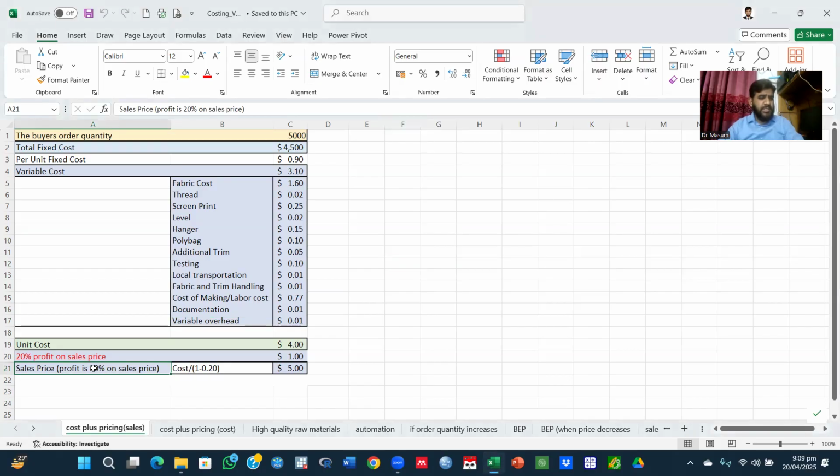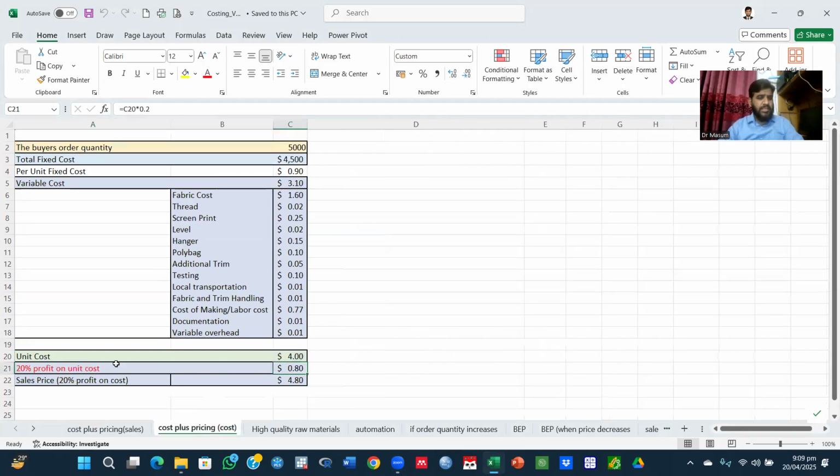Profit you can charge in two different ways. It can be a certain percentage on unit cost, or it can be a certain percentage on sales price, say 20% of the sales price. Not profit, I mean sales price.